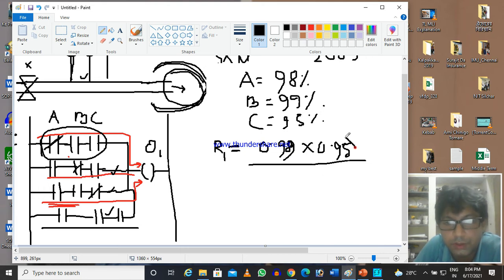If you find the reliability, then the failure will be the complement of that. So you can find F1, that means 1 minus R1.